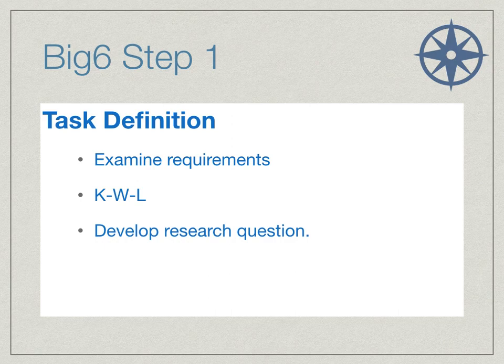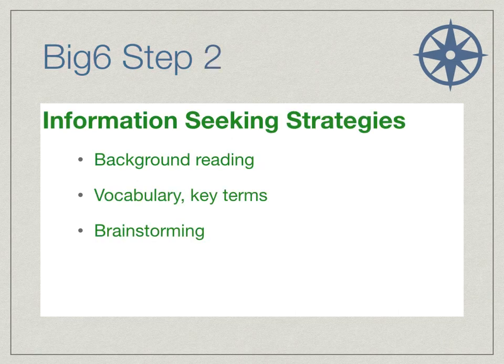And through this process, ultimately, you will be developing your research question. One of the things I like to tell students is that your research question also might change as you go back through your process. So be sure that you keep your research question in mind and know that you can adapt and change it as you go along.